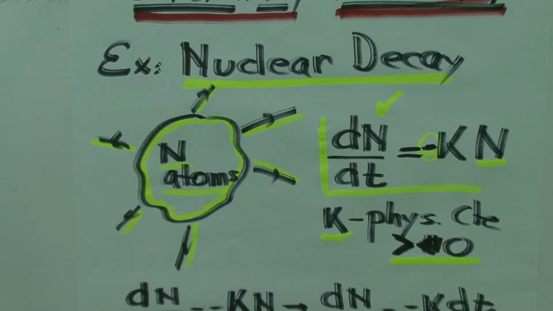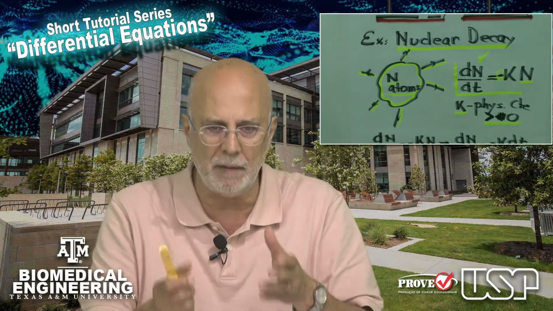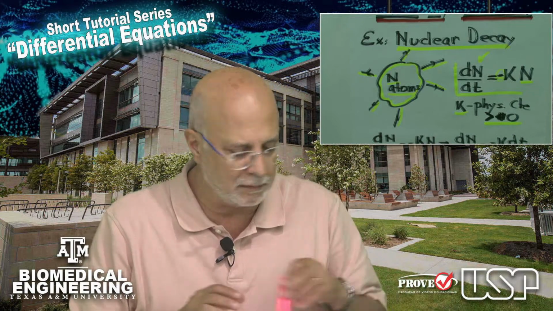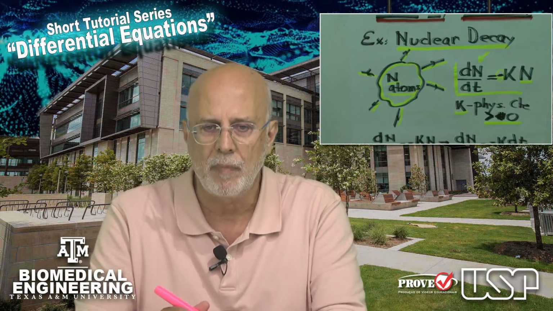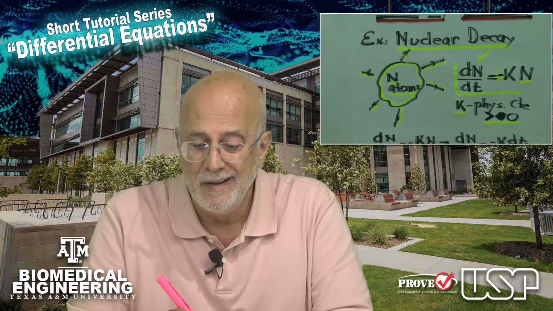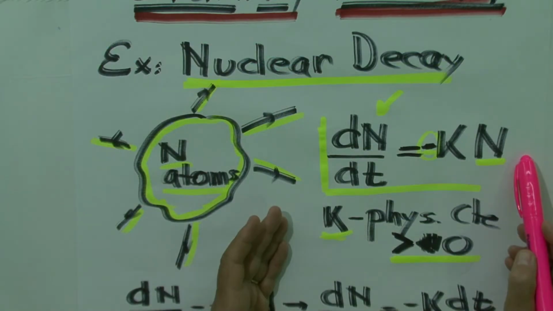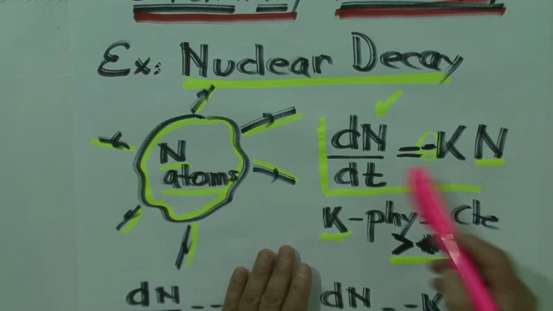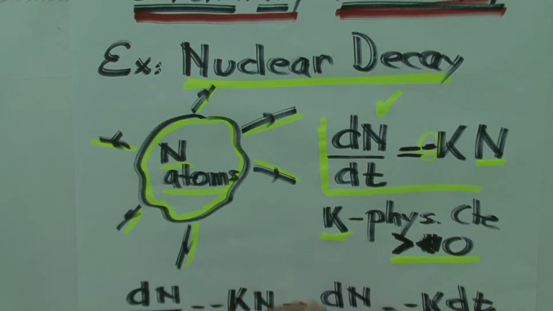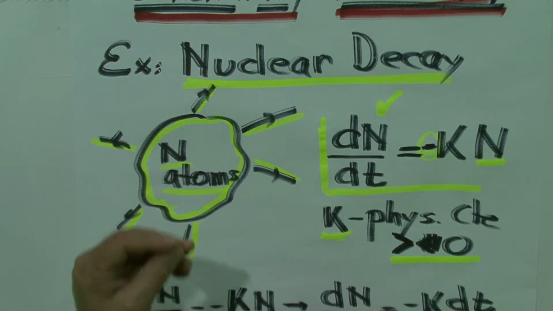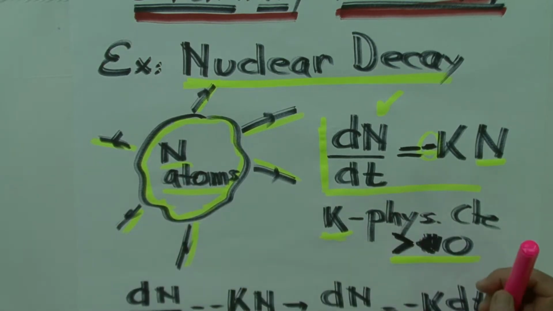So as you can see, I already put a lot of information in it. And to construct the differential equation, I use all that information. So here I have a differential equation of first order, ordinary, because I know that the number will depend basically on the time. So the number depends on a single variable.